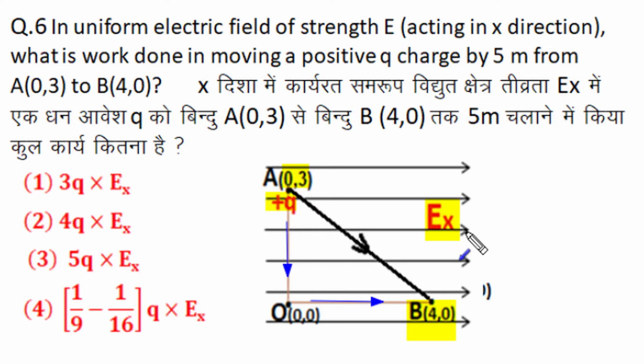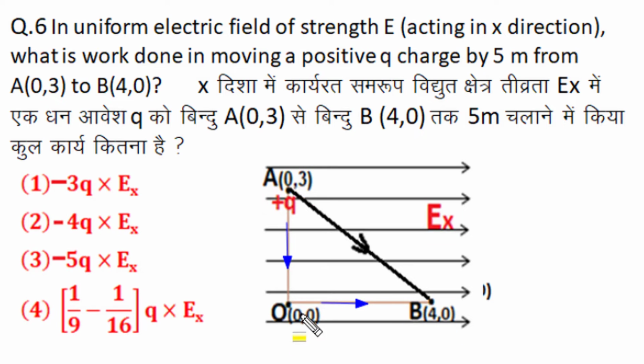In electrostatics, the amount of work done between two positions doesn't depend upon the path followed, as the electrostatic field is a conservative field. So the amount of work done from A to B is equal to the amount of work done in the alternate path shown by this blue arrow, and when we move from A to O normal to the electric field direction, our displacement is perpendicular to the direction of force, so there won't be any work done from A to O. And from O to B, this positive charge will experience force in the direction of the electric field, and displacement in the direction of force will result in work done, and this displacement is 4 units.